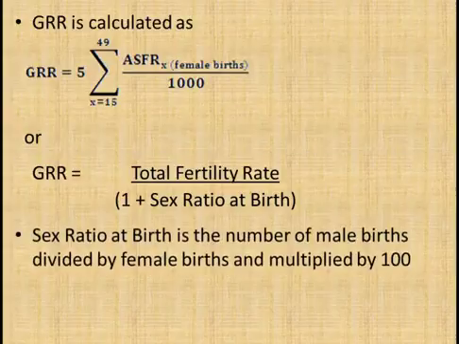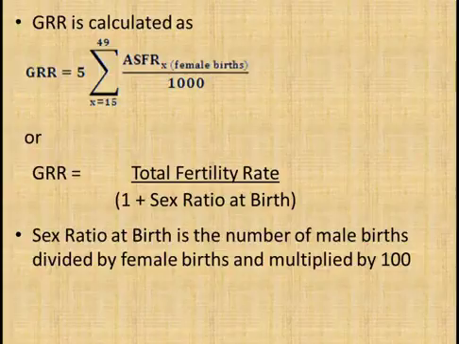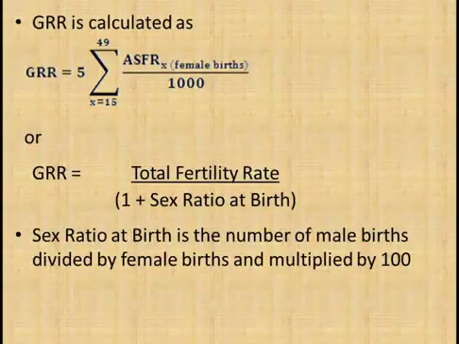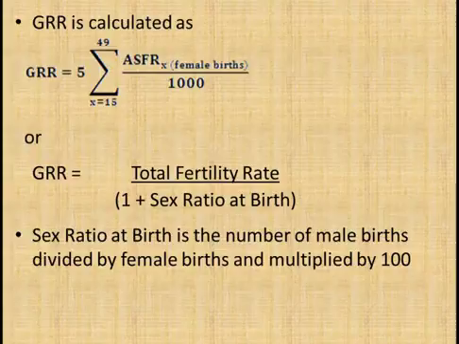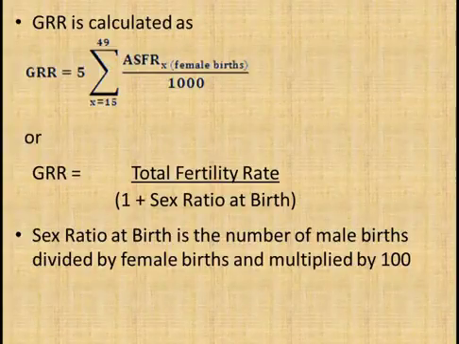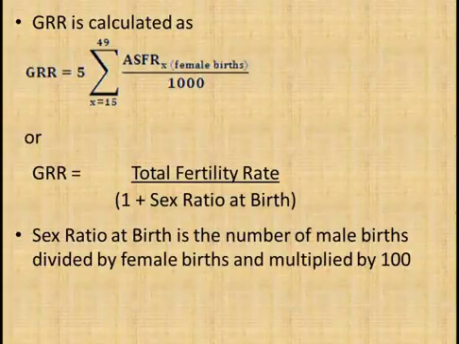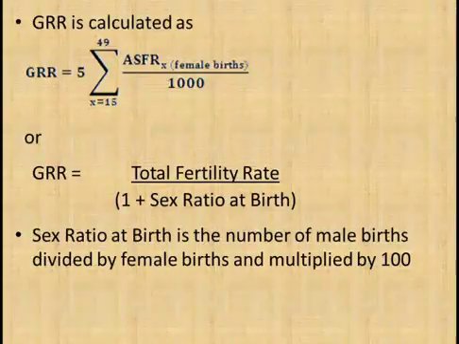Sex ratio at birth is the number of male births divided by female births and multiplied by 100. In other words, the sex ratio at birth tells us the proportion of new births by sex.